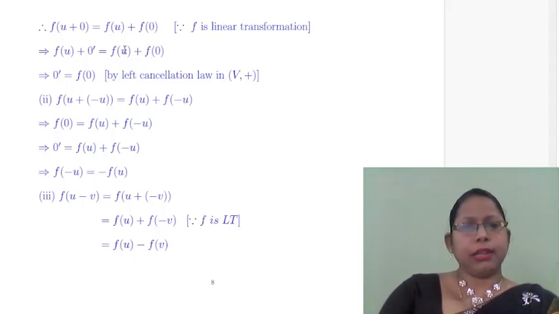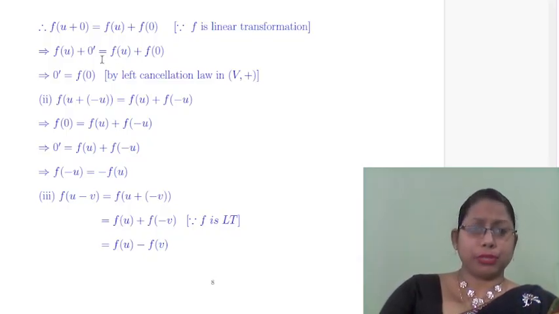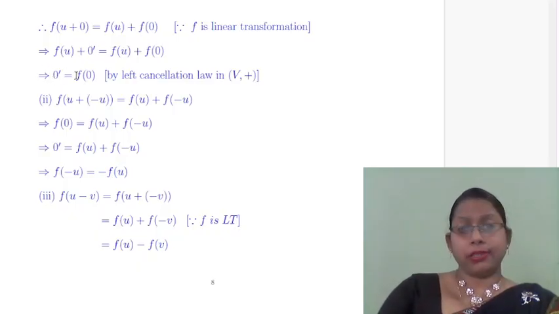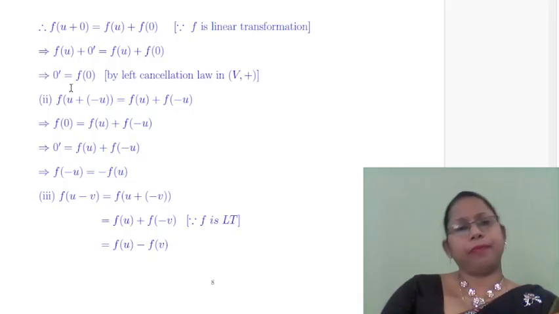Then using the left cancellation law in V under addition, we can cancel out f of u from both sides, and this equation becomes 0 dash is equal to f of 0.